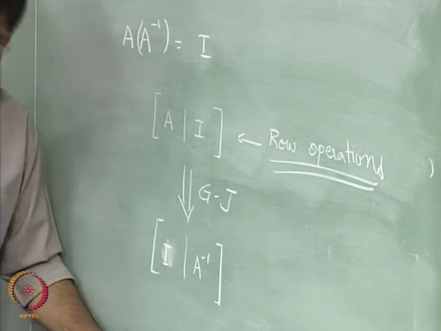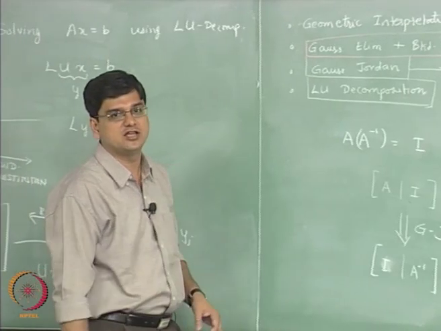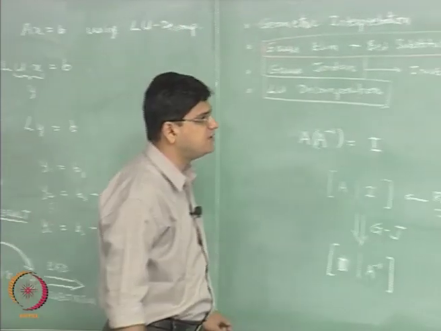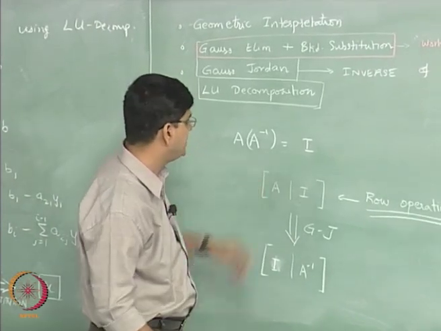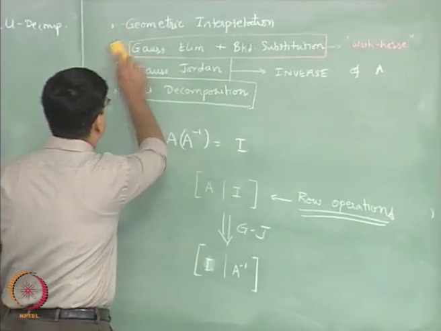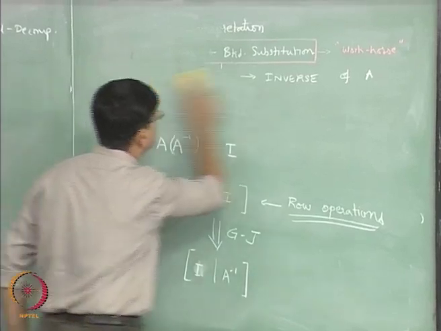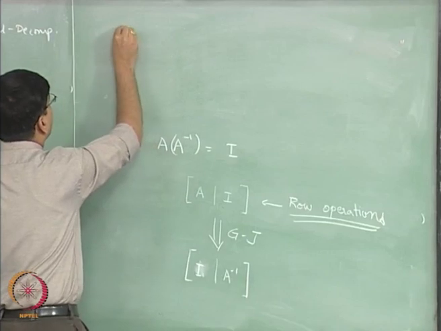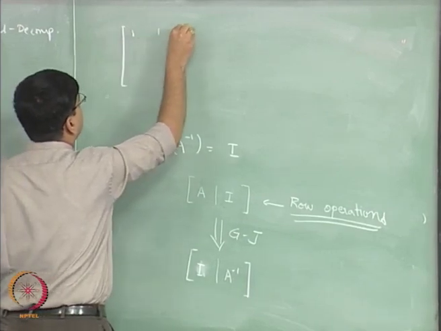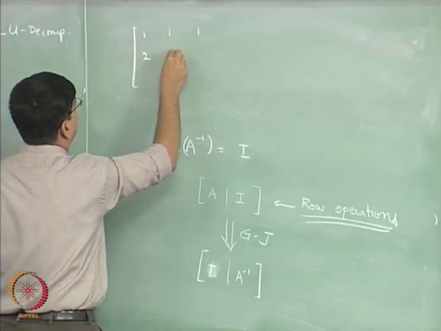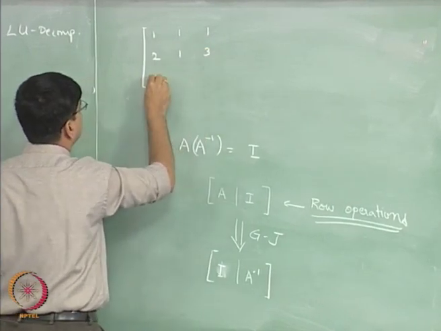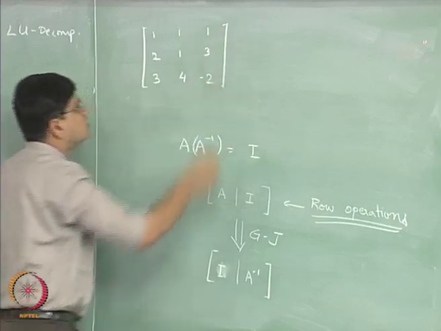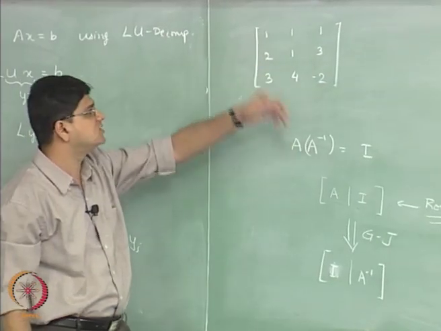And finally, just to leave you off with a small question, when we started off with this particular example, this matrix A had the form 1 1 1, 2 1 3, 3 4 minus 2, which was equal to 4 7 9.